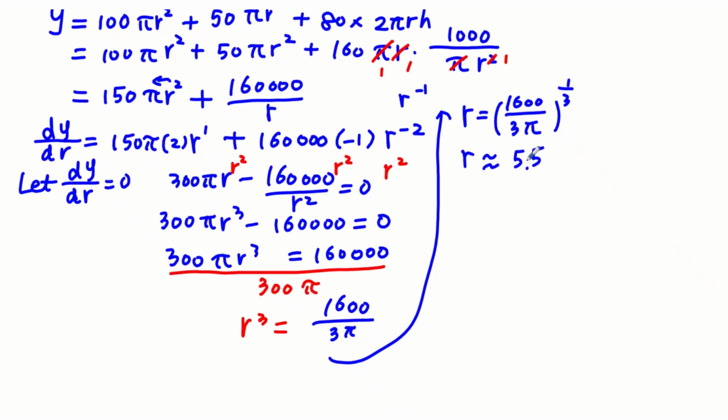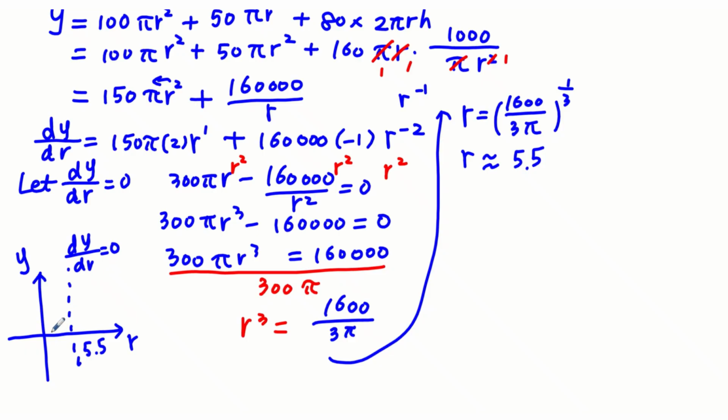So this is r approximately 5.5. So if we draw, at 5.5 at this point, dy over dr equals 0.